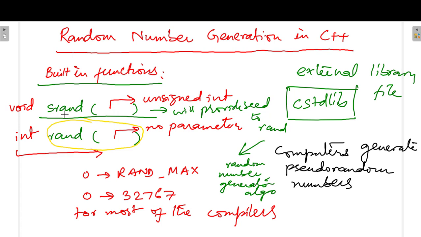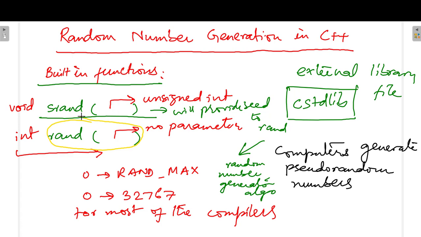Now, in order to use srand and rand in our code, it is not compulsory to use the srand function before calling the rand function, or to use both srand and rand in the same code, because rand will work without srand.